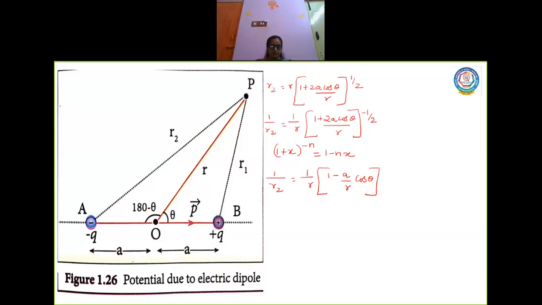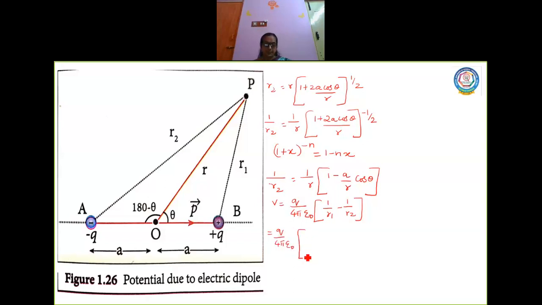Now we'll go to the total potential, where I have to substitute V is equal to Q by 4 pi epsilon naught into 1 by R1 minus 1 by R2. So substitute Q by 4 pi epsilon naught.